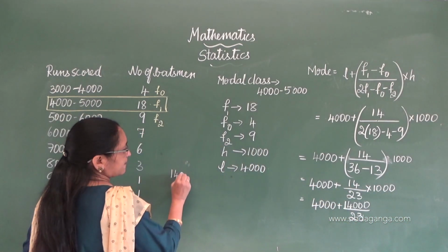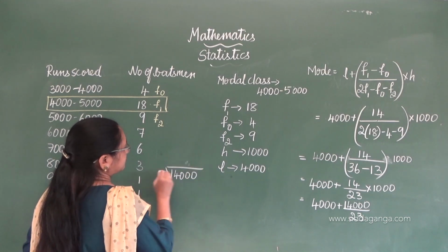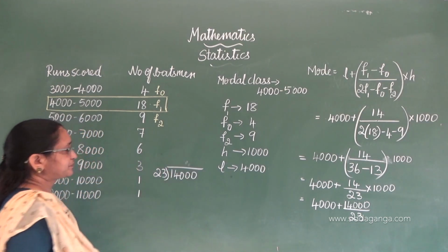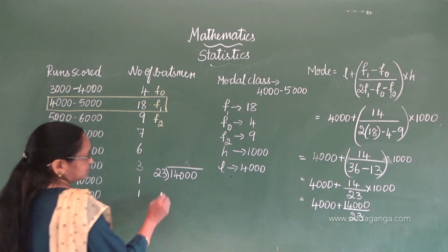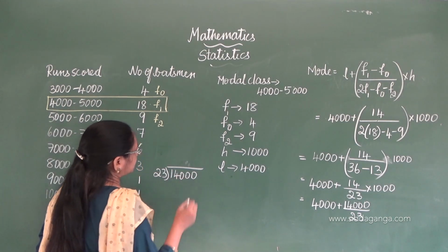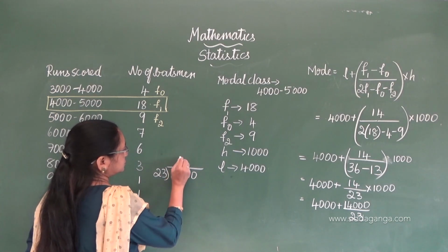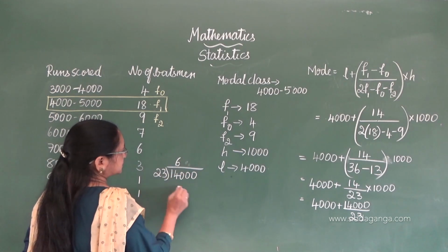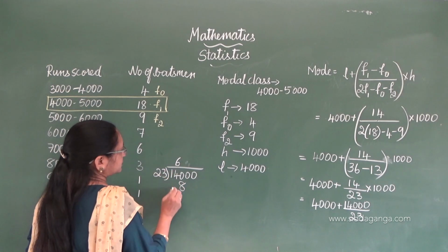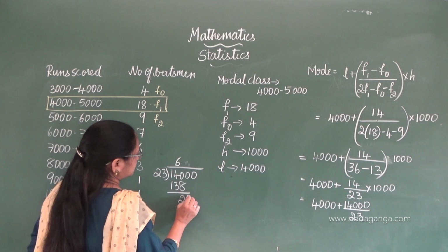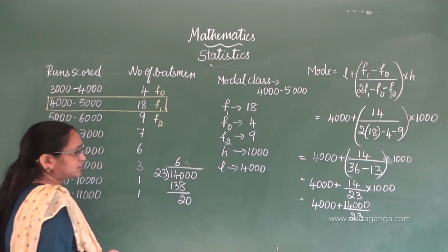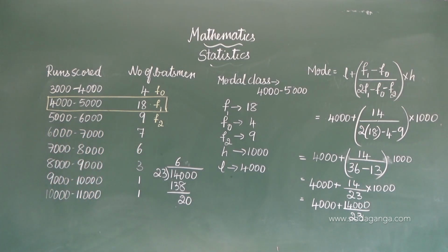Now 14 divided by 23. Just see the number 23. Now 140 is there. So let us try with 6. 6 3s are 18, 1. 6 2s are 12, 13. 138. Remainder 2, 0. So here one more 0 we should take.